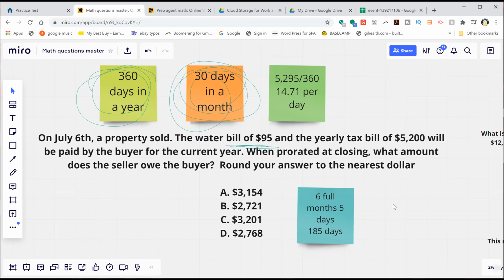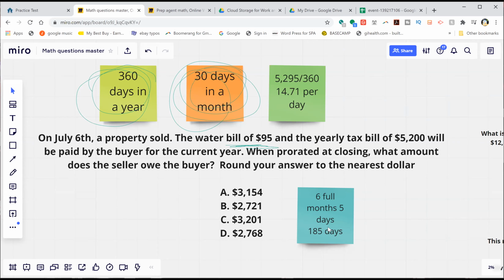You would still have to find the daily number. So I always work prorations in days. That's me, and you're asking my opinion. If you understand it a different way, cool beans.